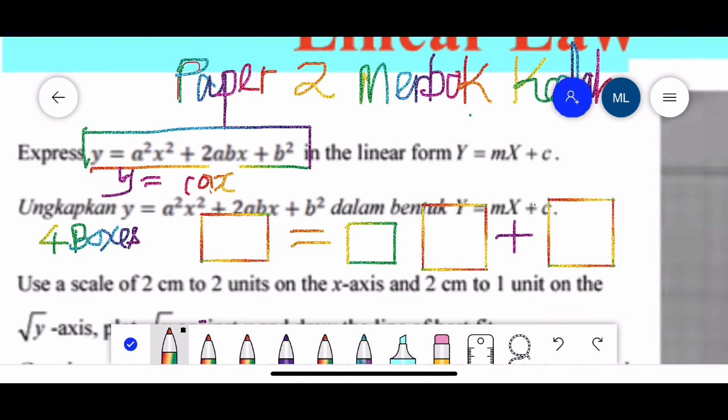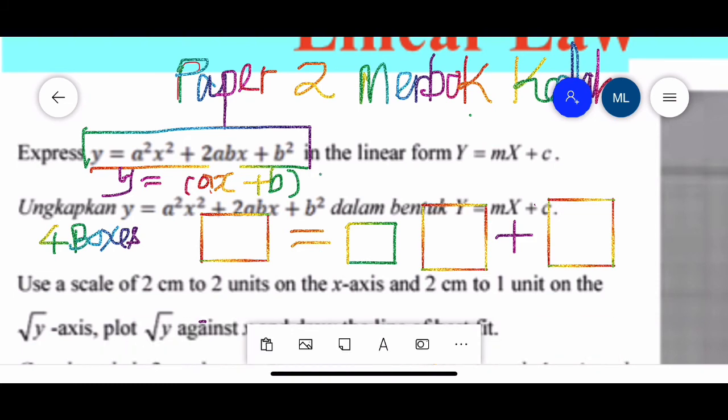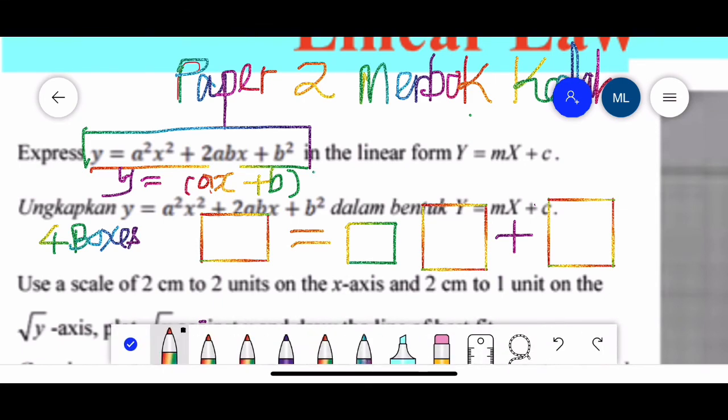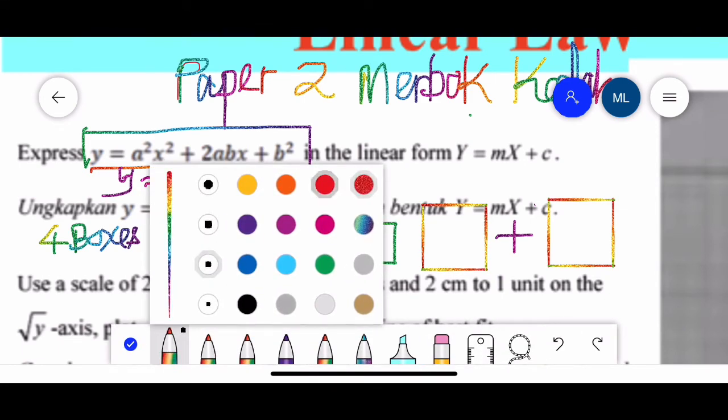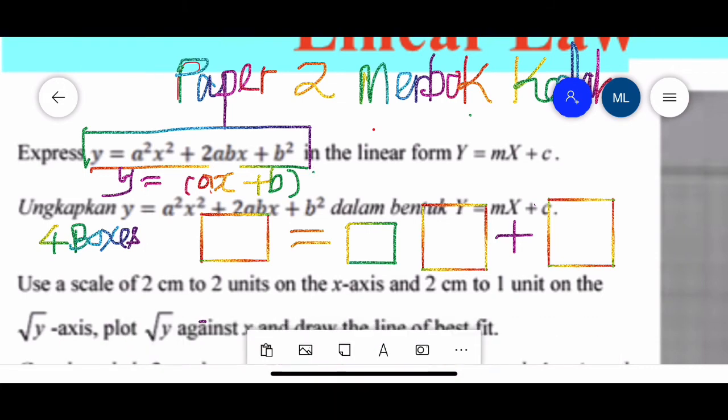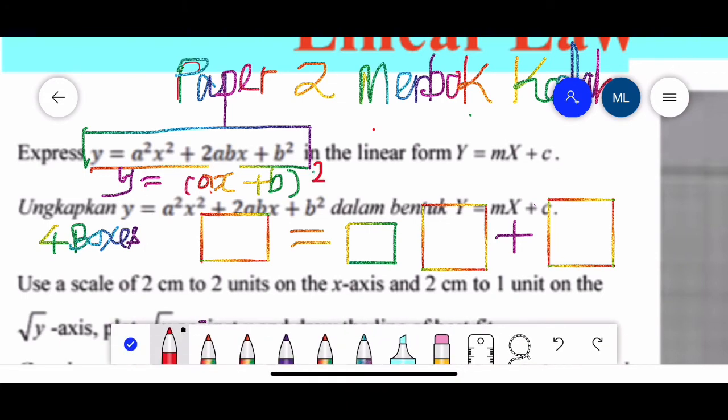Because I just read the question and I have to square root the y. When you expand (ax plus b) squared, you will get exactly a squared x squared plus 2abx plus b squared. You can try to expand it.